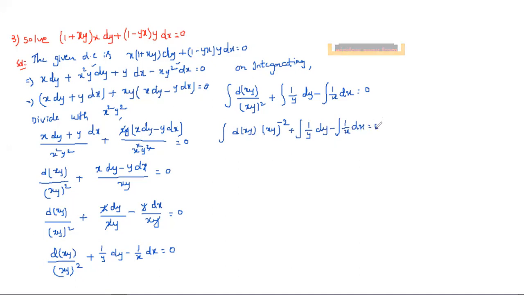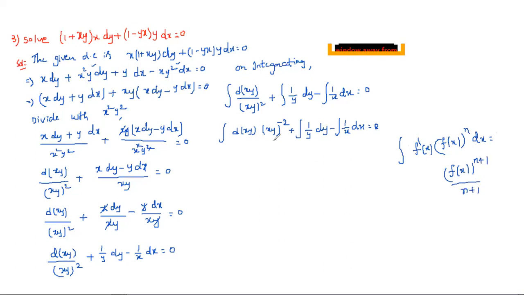Is there any formula for this? The integral of f dash of x into f of x whole power n dx. This is the formula we can apply. That is f of x whole power n plus 1, by n plus 1.